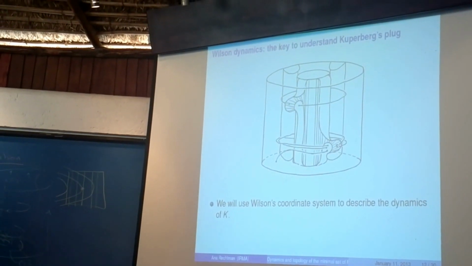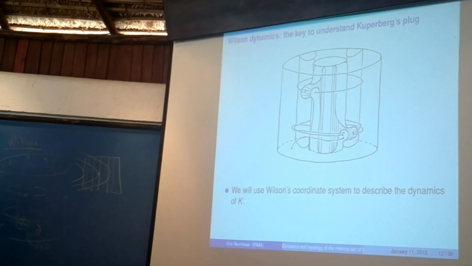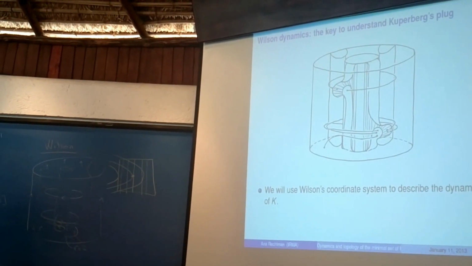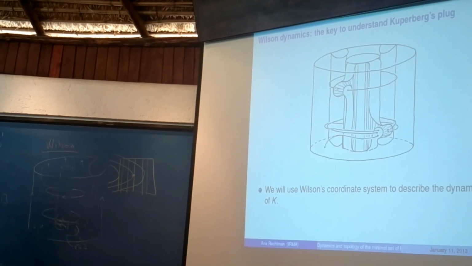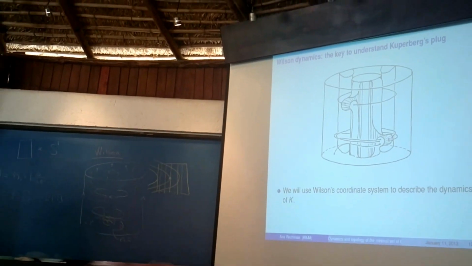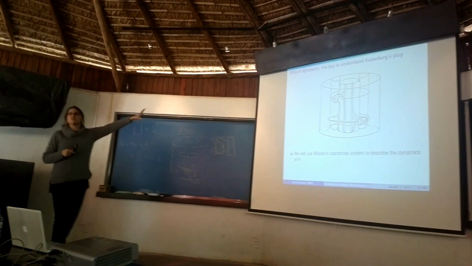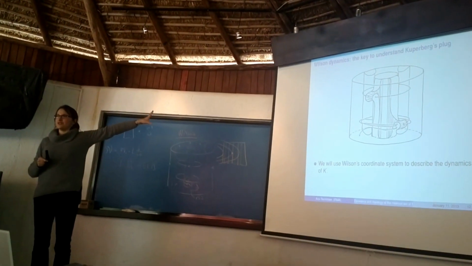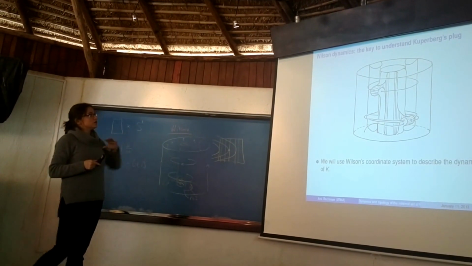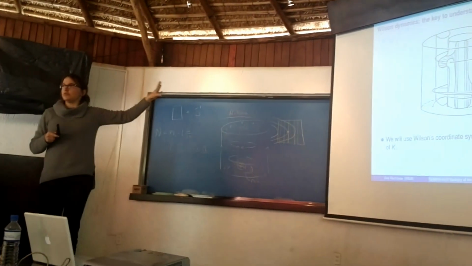Because when you follow a flow line on the Kuperberg plug, it might not intersect the insertions. If it doesn't intersect the insertions, it's just a Wilson orbit. Nothing changed. If it intersects the insertion, then it gets chopped into arcs, and these arcs are part of Wilson orbits, the ones that survive from the Wilson plug. In all the studies of this plug, we use the coordinates of the Wilson plug.